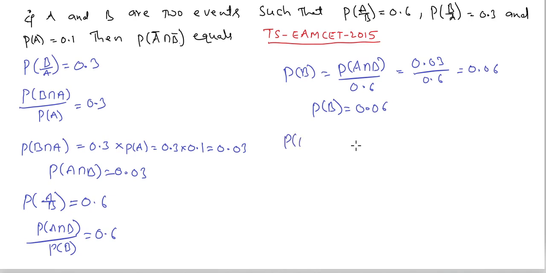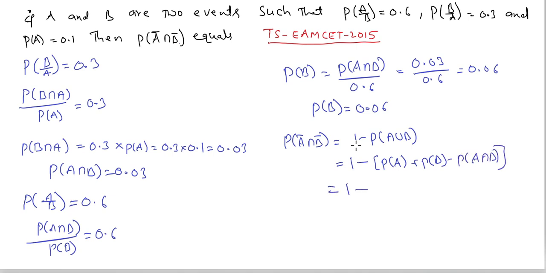Now we find the value of P of A bar intersection B bar, is equal to 1 minus P of A union B. So 1 minus P of A union B means P of A plus P of B minus P of A intersection B. So that is equal to 1 minus P of A, that is 0.1, plus P of B, that is 0.05, minus 0.03, equal to 1 minus 0.12, equal to 0.88.